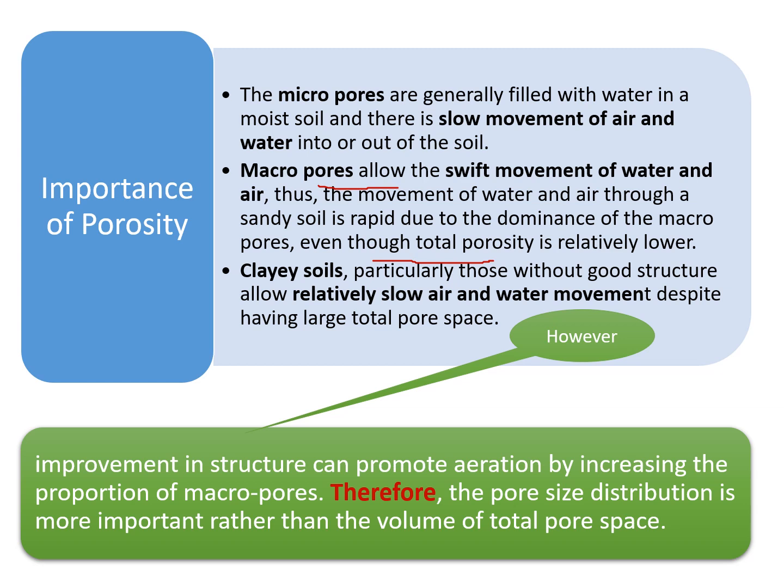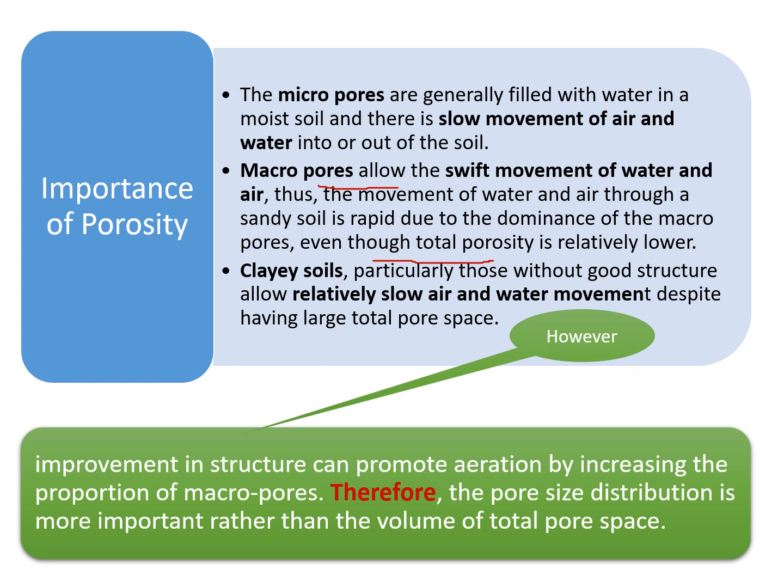So we need macropores as well for air circulation. Macropores are also important for ease of root growth and ease of tilling, and the micropores are important for water holding.